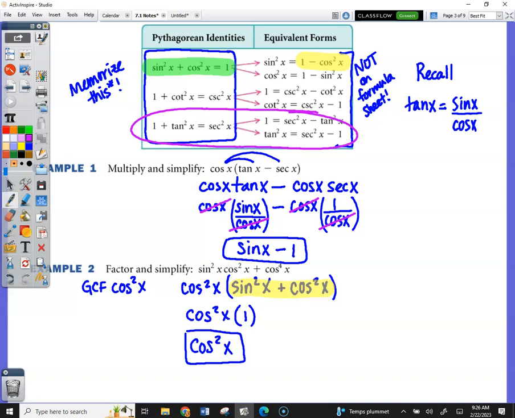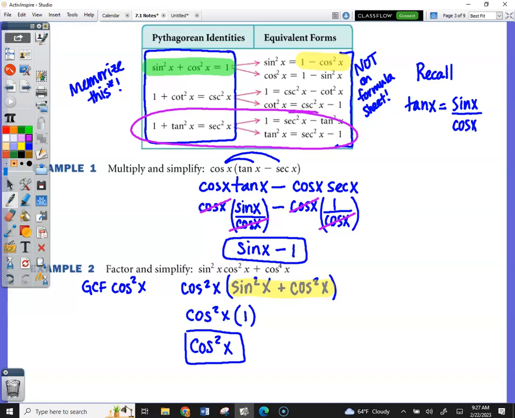I did the shortcut where you square the first term, you multiply the 2 together and double it, and you square the last term. So that's how I got from here to here. But then I noticed this is secant squared minus 1, and then my 1's can cancel, and then this just comes down. And that's the way they want you to go, which is not at all, in my opinion, nicer.